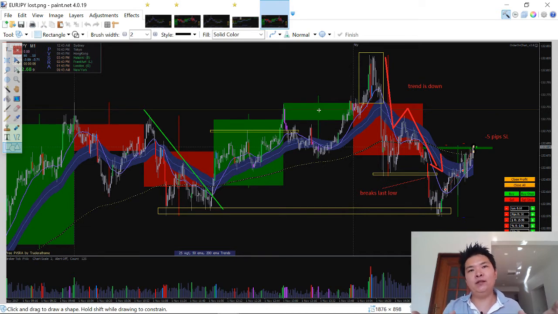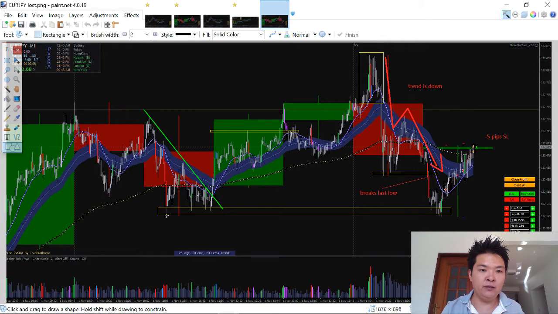Maybe if you look on larger time frames, this would be an uptrend, but here it's not very clear. Why? Because you are getting from this candle here that is very low, and then you go all the way up, but then you also go all the way down, making a new low, because this is the last low candle.